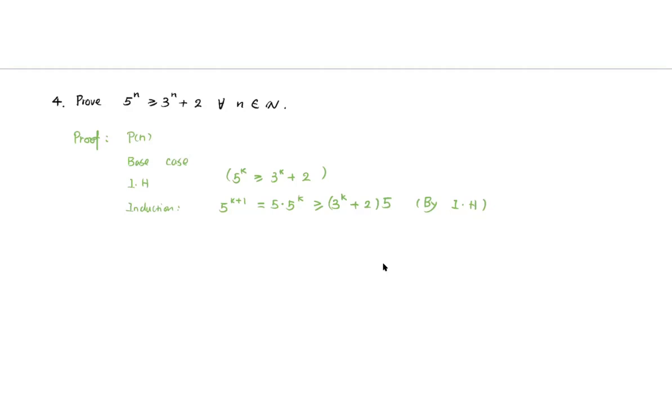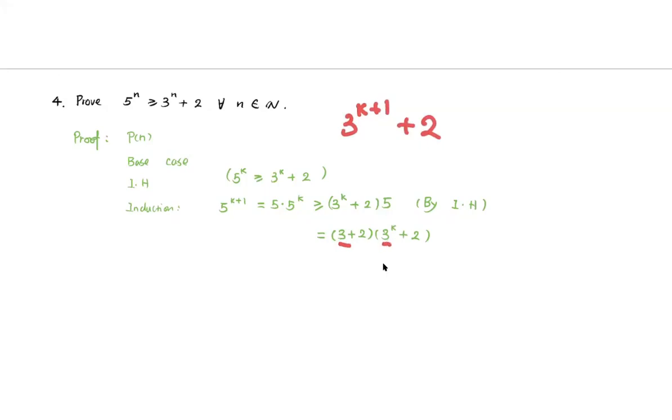This equals to, what does this equal to? This equals to 3 plus 2 times 3 to the k plus 2. I'm just writing 5 as 3 plus 2. Okay? The reason we do that is that we want to reach 3 to the k plus 1 plus 2.